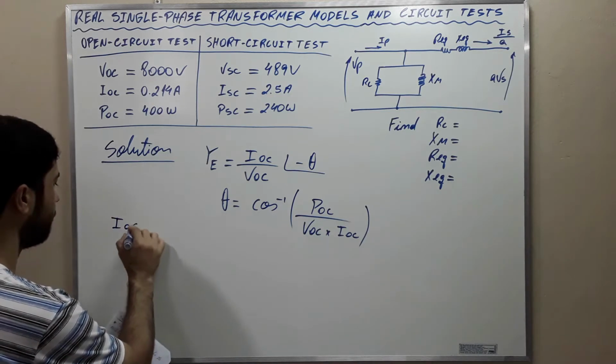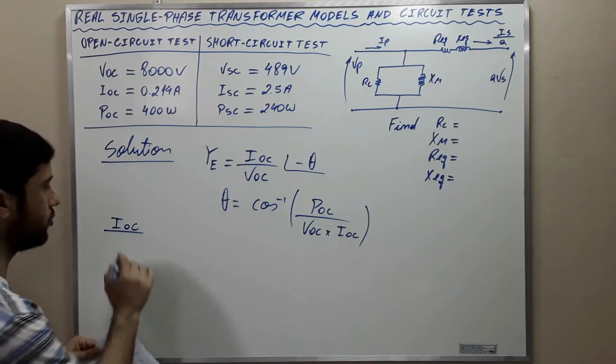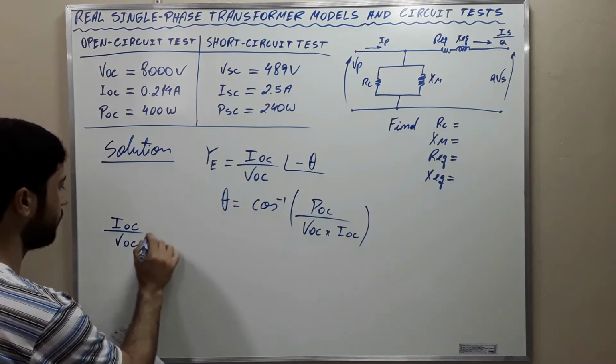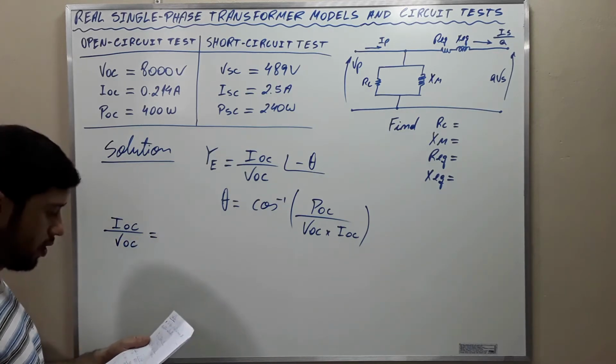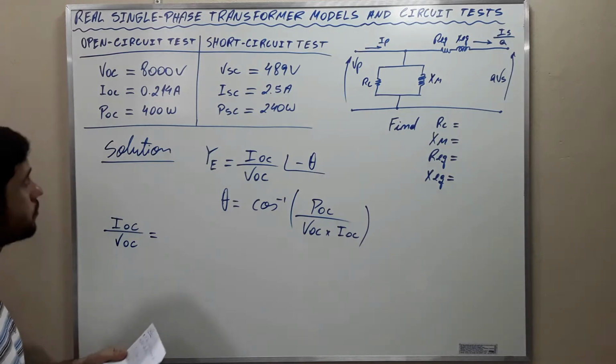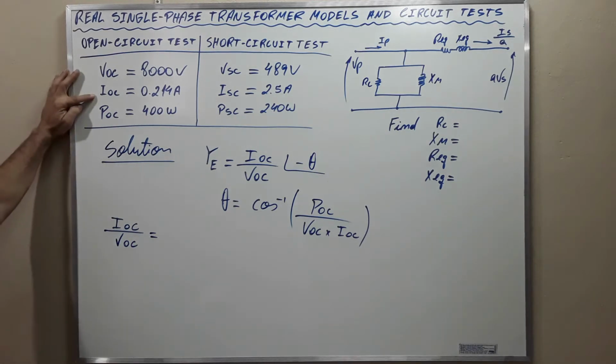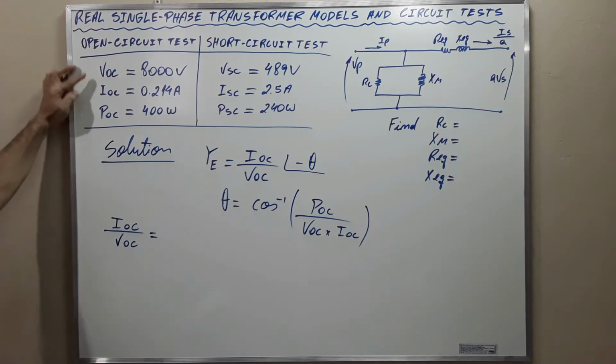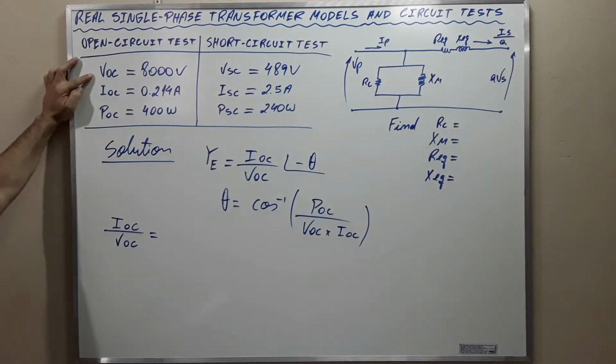IOC divided by VOC will be equal to this number here divided by this number here.